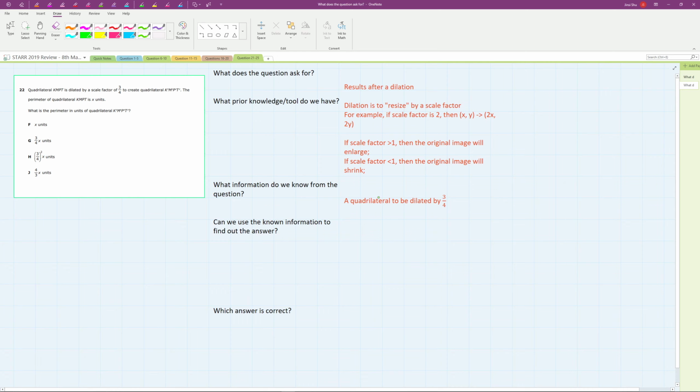Here, this question told us a quadrilateral is to be dilated by a scale factor of 3 fourths. To illustrate this, I'm going to draw 2 quadrilaterals, the original one and the new one.